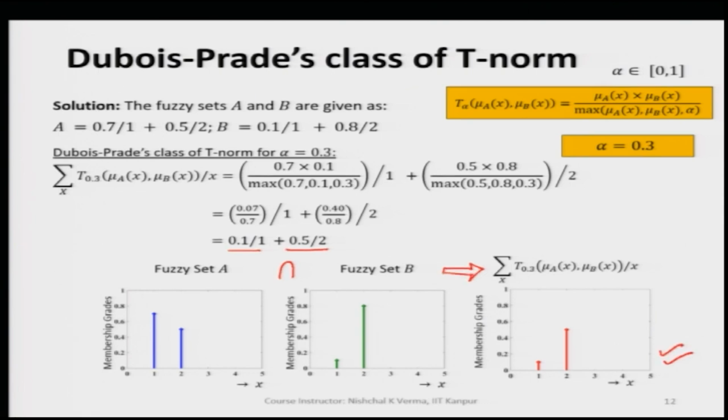So, this way we see that for the values of alpha, the change is not very significant. So, because of that the membership value of the resultant fuzzy set is also not changing significantly.